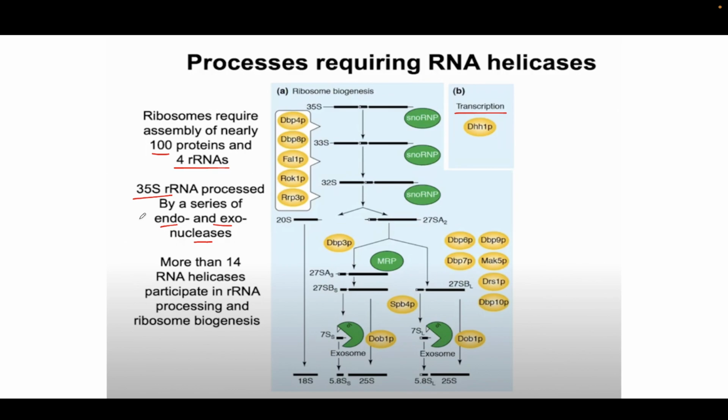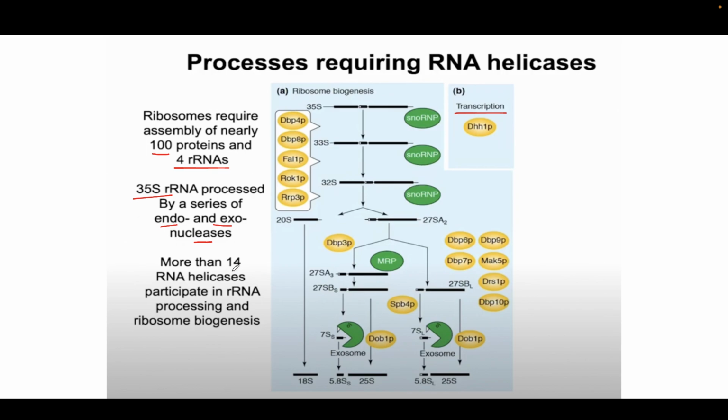Endonucleases are those nucleases which break the phosphodiester bond between two nucleotides at a specific sequence inside the nucleotide chain. And exonucleases are those nucleases which cut or break the phosphodiester bond at the 3' end or 5' end. Those are exonucleases. Fine.